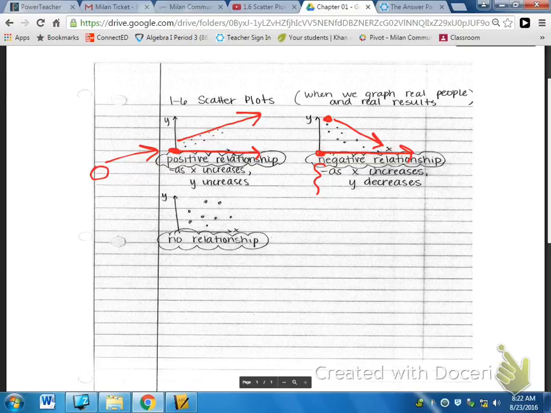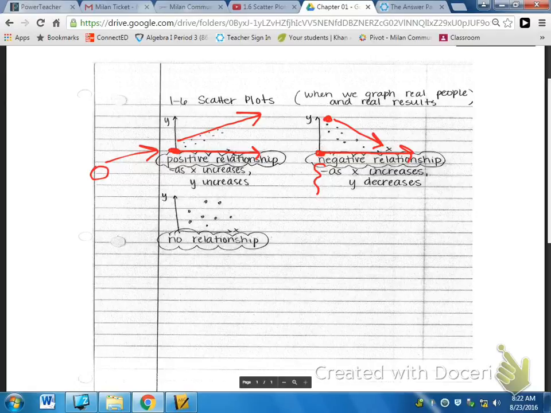Now, people sometimes confuse that. They think if it's a negative relationship, that means it's no relationship, but that's not true. With both a positive and a negative relationship, there is a relationship between the data. It's just one has a trend upward and one has a trend downward.